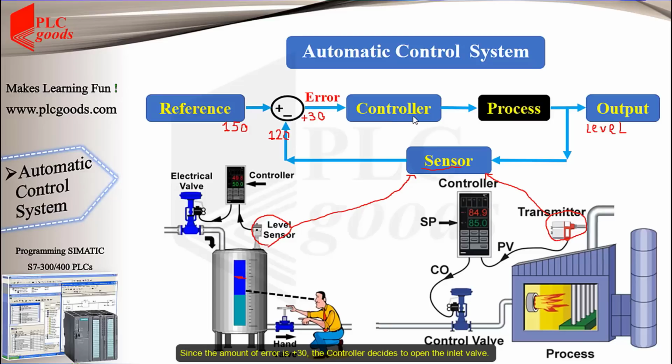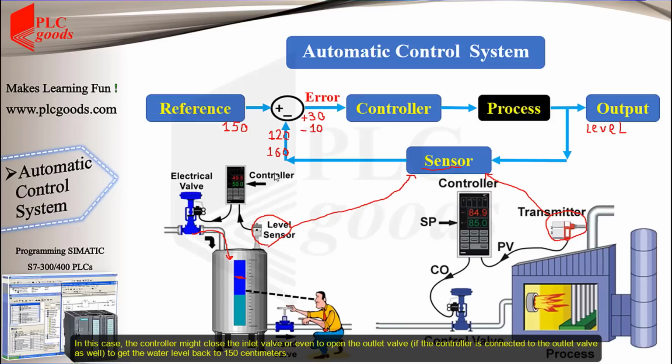Since the amount of error is plus 30, the controller decides to open the inlet valve. Naturally, by opening the inlet valve, the water level is going to rise. It might even rise as much as 160 centimeters, which makes the error value equal to 150 minus 160, which would be equal to minus 10.